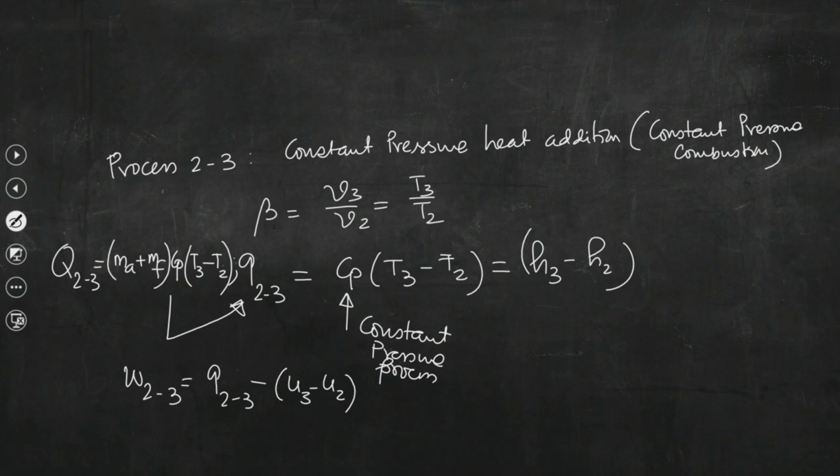So, if we write the expression for this process 2 to 3, then W2 to 3 equal to Q23 minus (U3 minus U2). So, that is the work done, right, and that is equal to P2 or P3 into V3 minus V2.